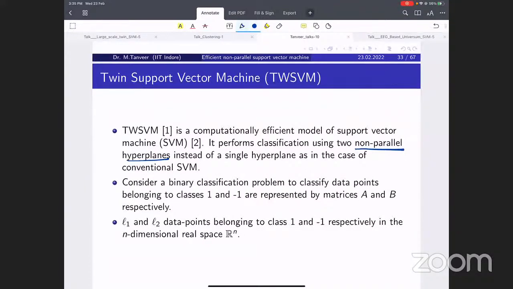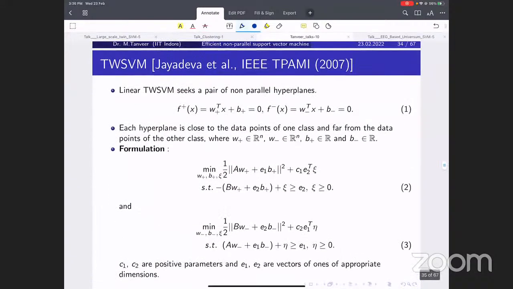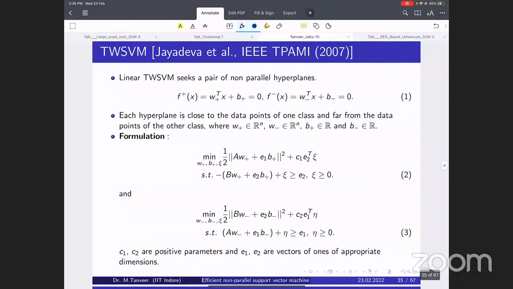Let us consider a binary classification problem to classify data points belonging to class +1 and -1, represented by matrices A and B, where L1 and L2 are the data points belonging to class +1 and -1 in n-dimensional space. Let me first discuss the formulation and then explain what exactly twin SVM is.